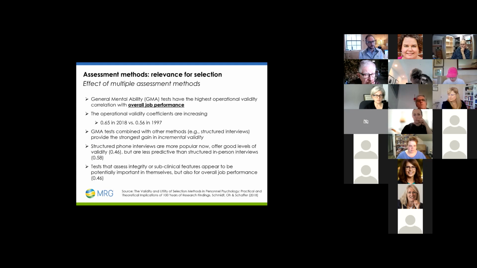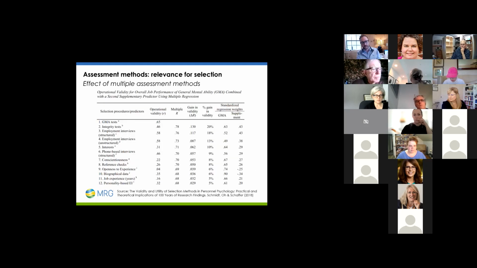The other thing I think that's really interesting here is, as David said, with general mental ability tests, yes, they are the most predictive psychometric tool that we have. Cognitive ability, or better yet, whatever cognitive ability tests measure, is our most predictive test, the most predictive assessment that we have in terms of future job performance.